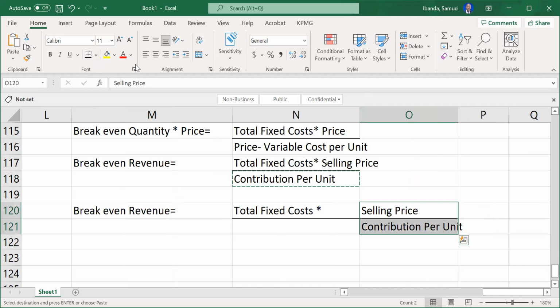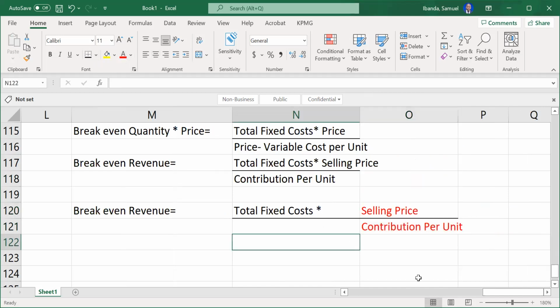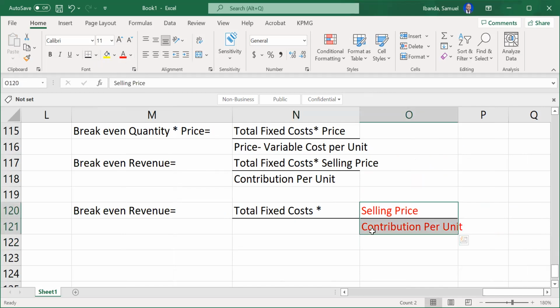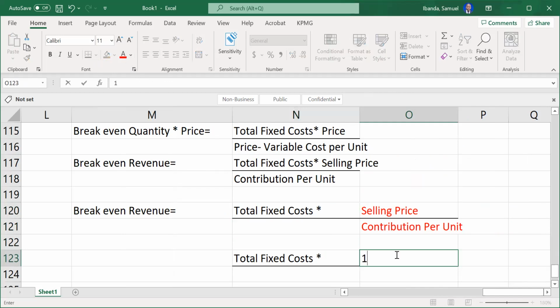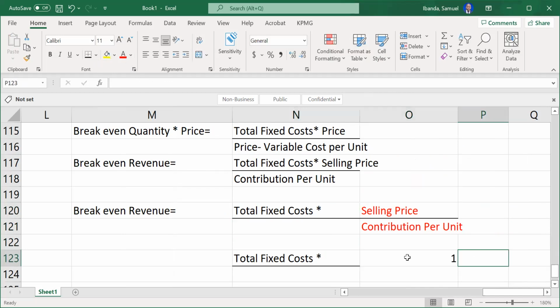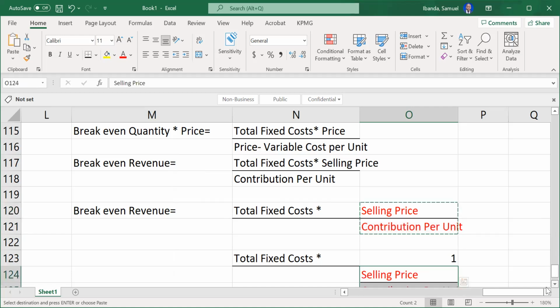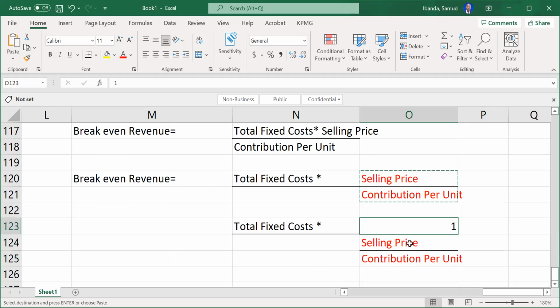My interest is to have contribution come up and selling price come down. So this will be the same thing as times 1 divided by this whole thing: 1 divided by selling price divided by contribution.